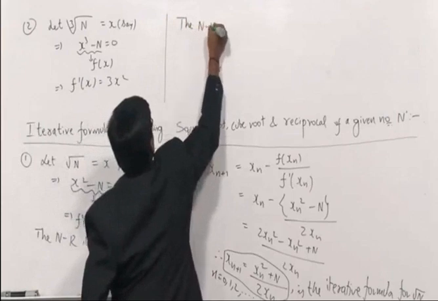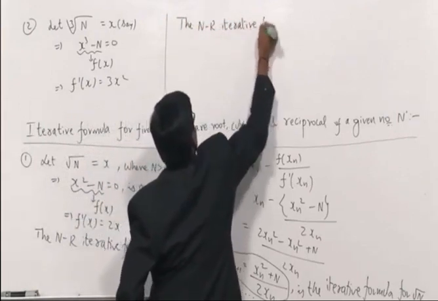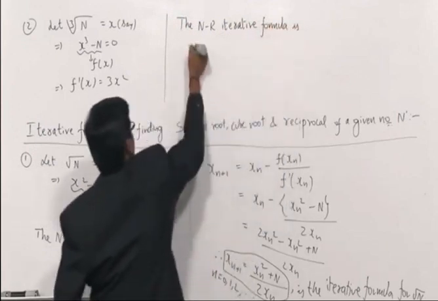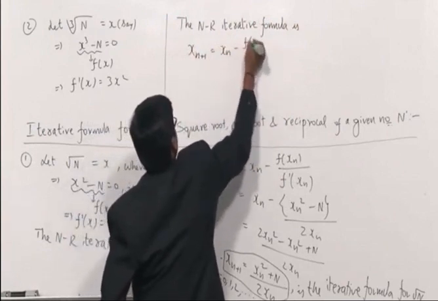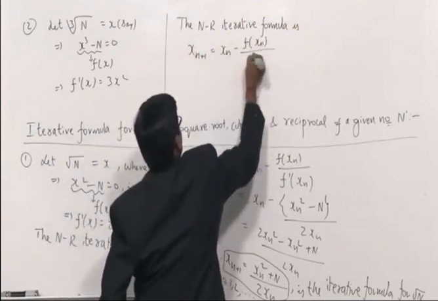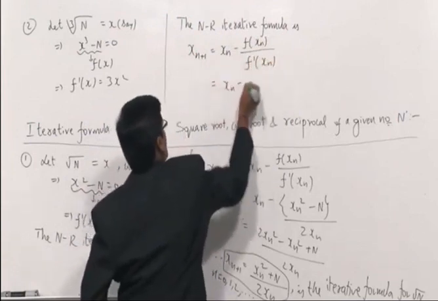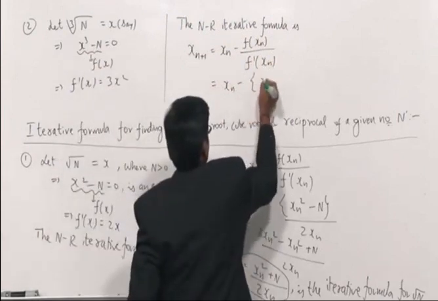The NR iterative formula is xn plus 1 is equal to xn minus f(xn) by f dash (xn). Xn minus, what is f(xn), f dash (xn) in this? Substitute x is equal to xn.